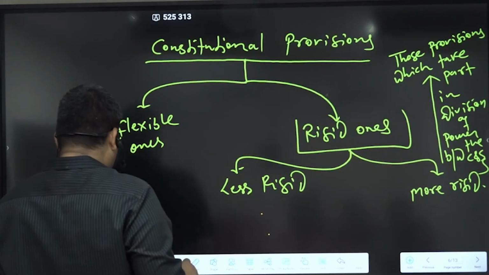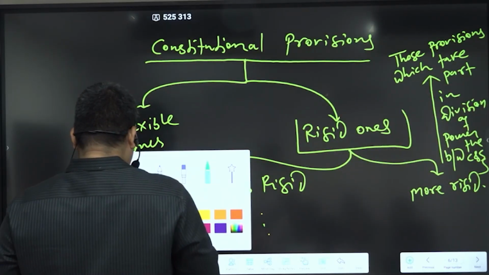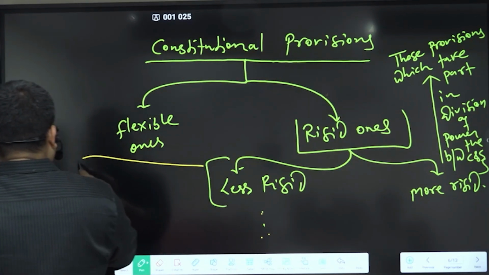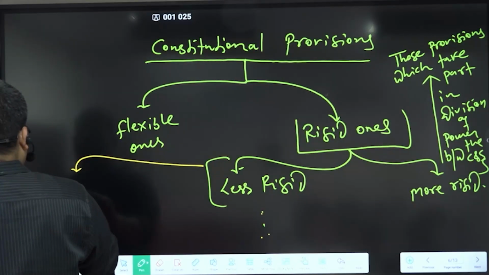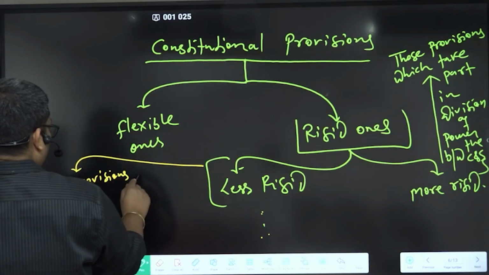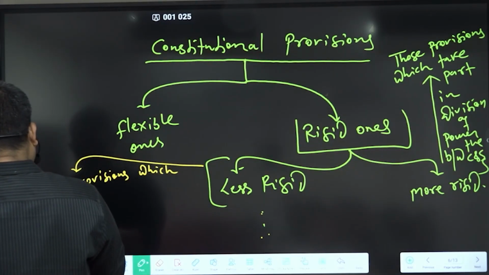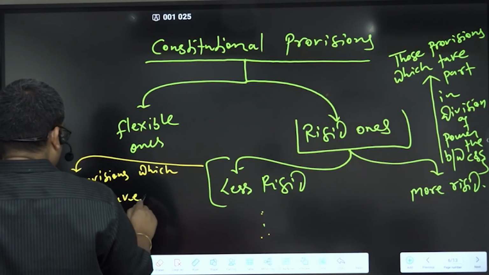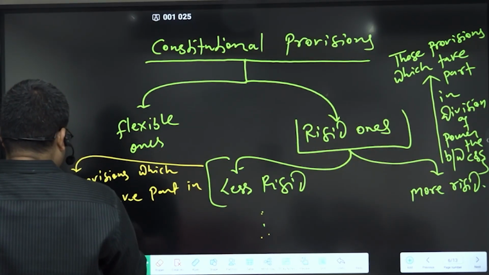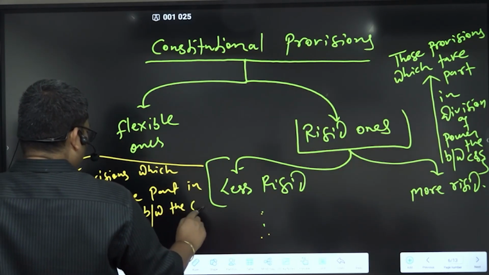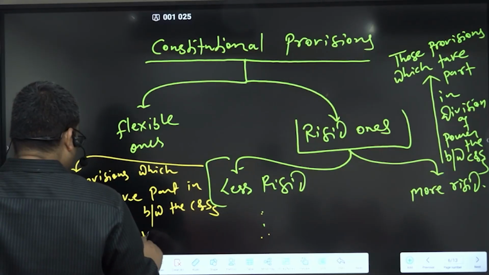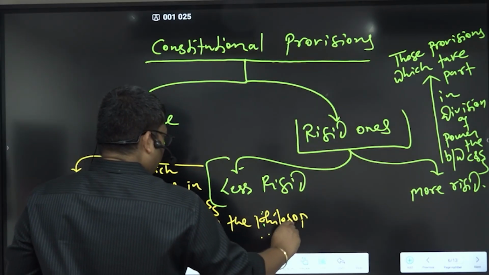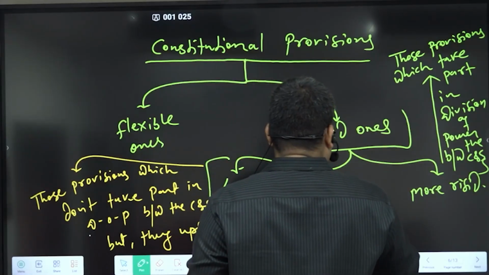So look, less rigid provisions are those provisions which do not take part in division of power between the center and states, but exactly uphold the philosophy of the Indian Constitution.